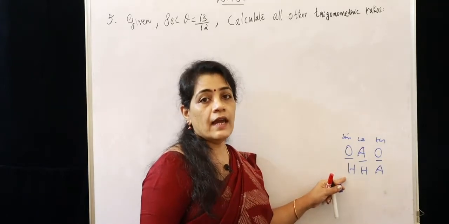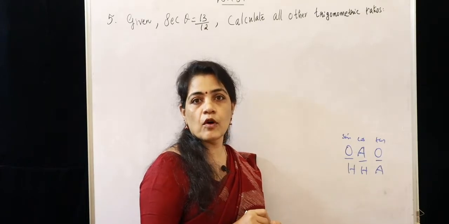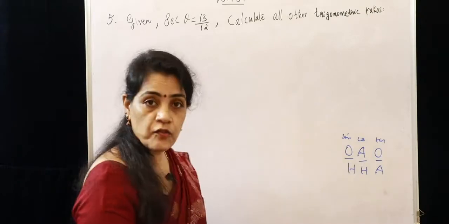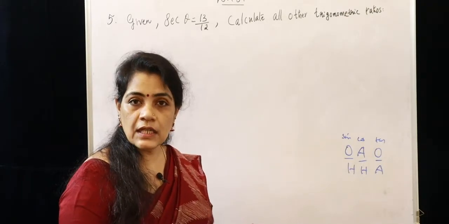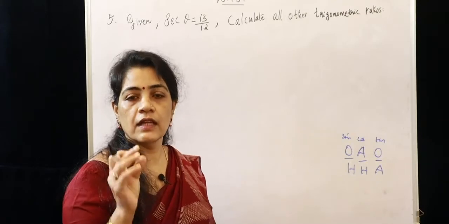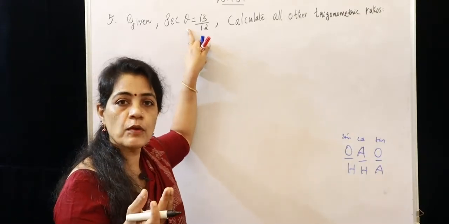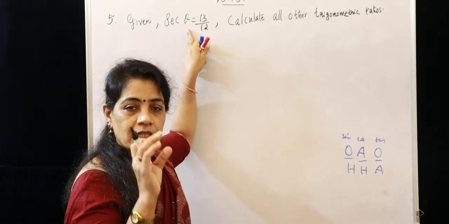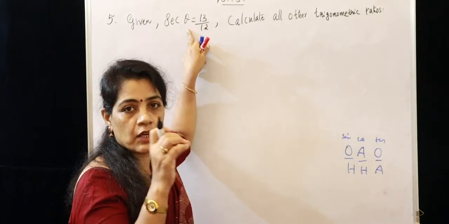These are the reciprocals of the 3 basic trigonometric ratios. Understood? Okay, and since here we are given sec theta, the reciprocal of cos, I am first drawing a right triangle, and we give theta to one of the acute angles. That is the meaning of sec theta. In the previous problems we were given sec P, tan P, likewise, where angle P and angle A were the acute angles.